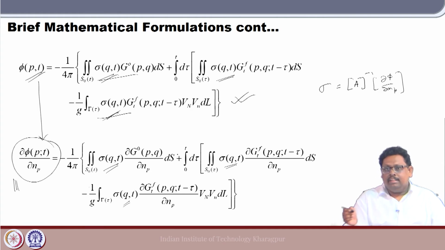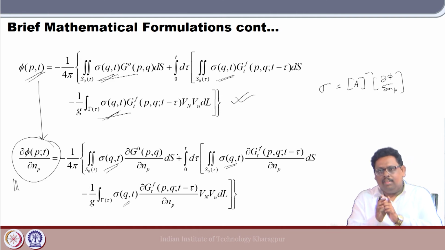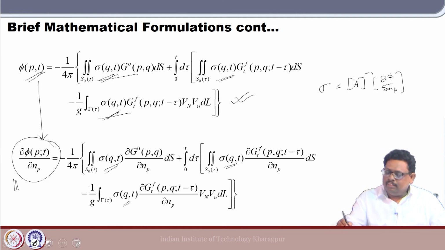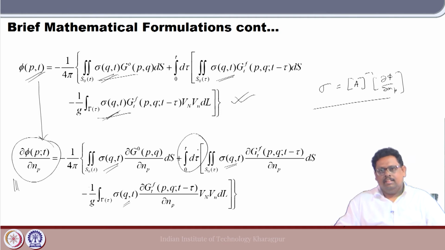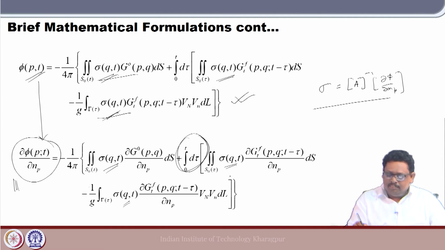I just wanted to say one thing: we cannot straightaway do it this way, because of the involvement of this parameter 0 to t. Because of the presence of this term, it should go into the left hand side.